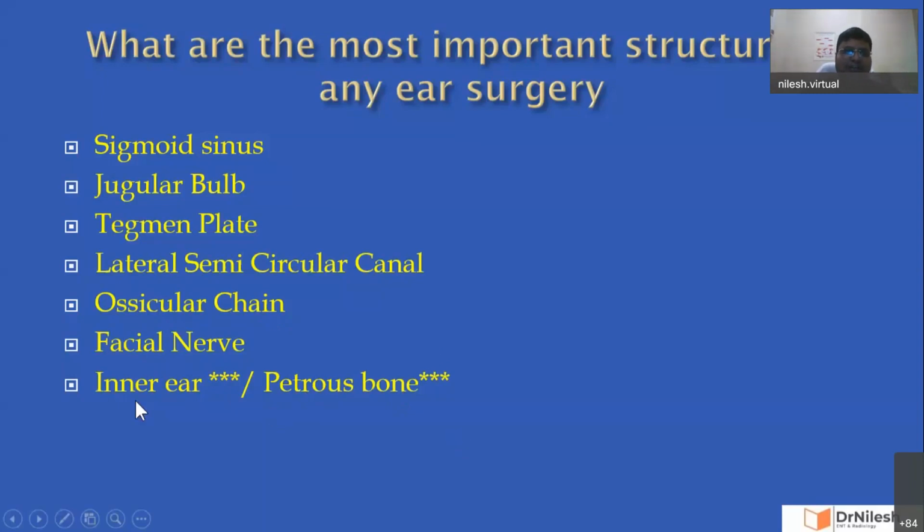Last but not the least, always check whether the inner ear is normal or not, and the petrous bone also, because these two things we never see. We will see the scans laterally and just leave it like that. We don't concentrate much on the inner ear or petrous bone if it is associated with other pathologies like cholesteatoma or some facial nerve tumor or any other related pathology. So always concentrate on the inner ear and petrous bone also in the last.